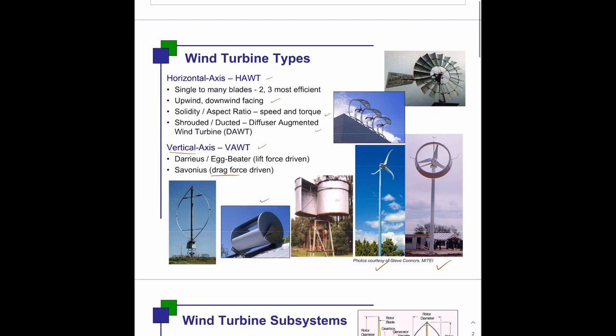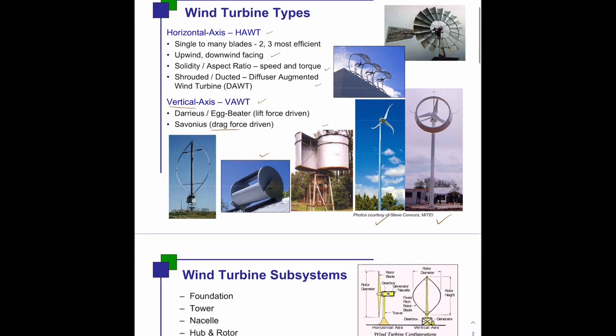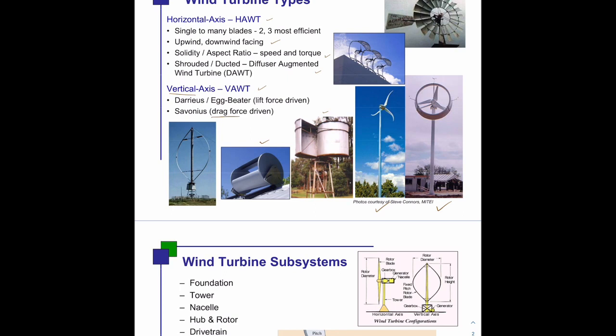So these are the two clear examples of drag force turbines. This kind, actually, is a mix between both lift and drag force, because basically it's vertical axis. It requires no horizontal wind.